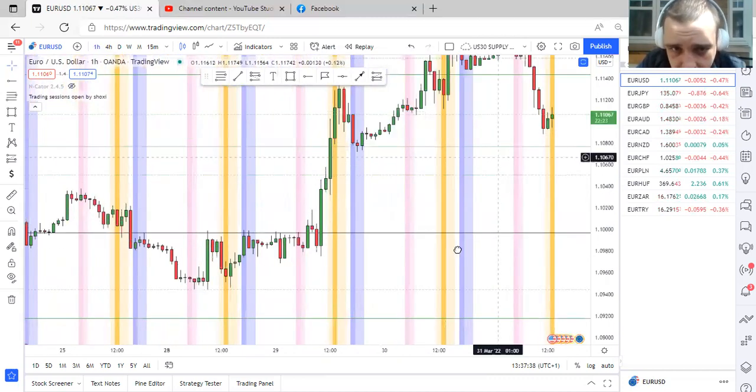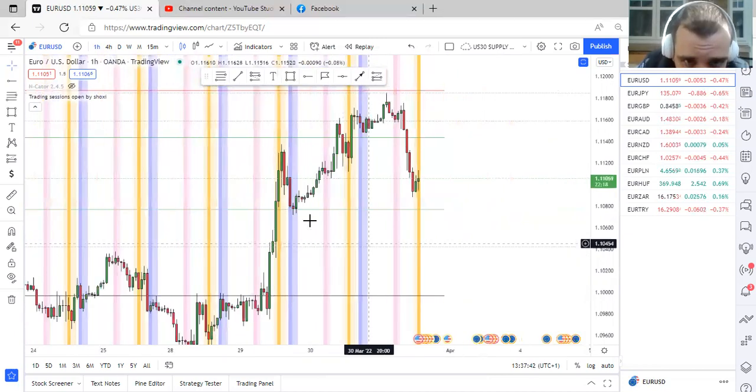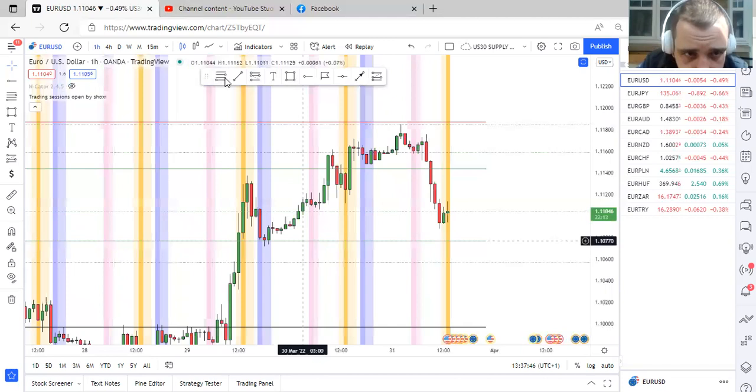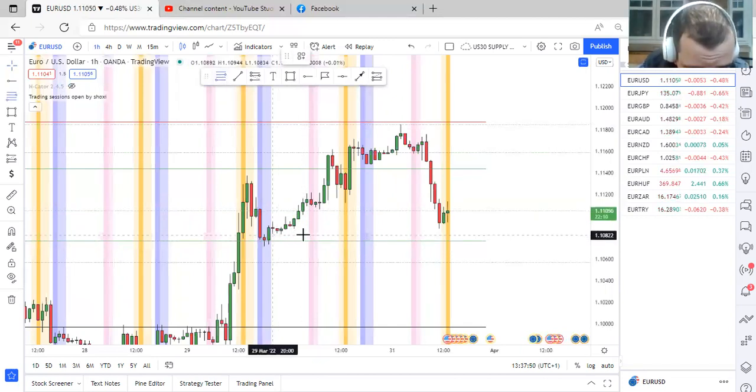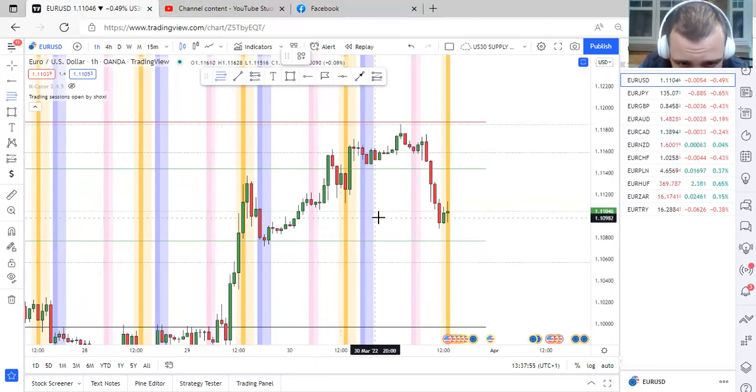Right, so now what I'll do, I'll go and put my daily fibs on. And as we started the day going up, my fib's going up, so I need to find daily. Let's start from today. So we started going up, so my fib will start going up.